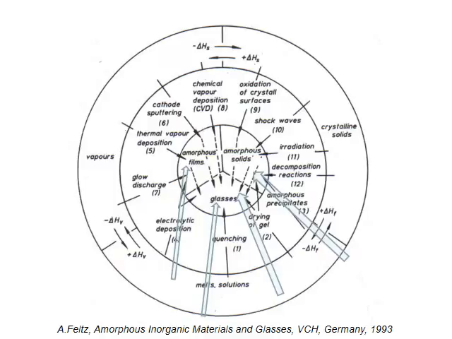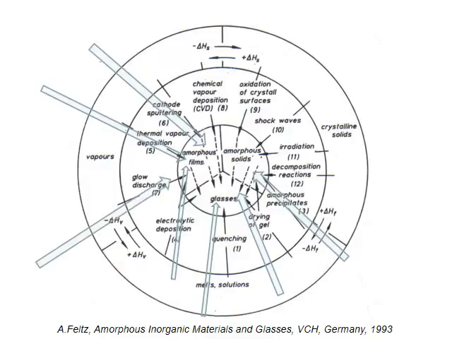With regard to methods starting from the gas phase, the most important of these are the several variants of thermal evaporation and condensation in high vacuum, cathode sputtering, and deposition of amorphous layers in glow discharge processes.